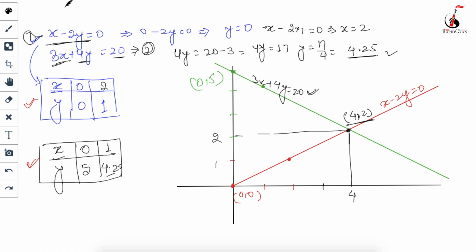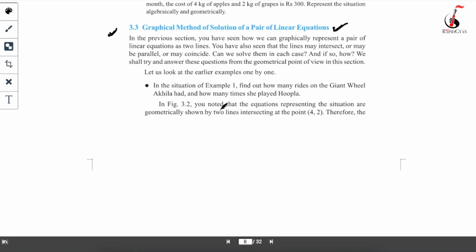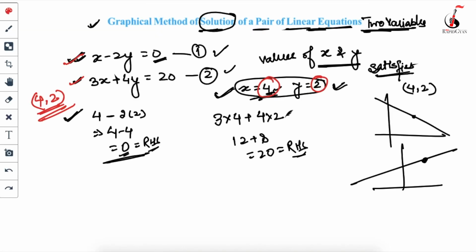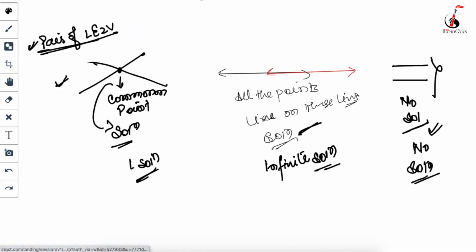So see, 4 comma 2. Now you got from where we got this answer 4 comma 2. It was not randomly put, I was aware of this answer, just in order to verify for you guys how we got the solution. So if I put 4 and 2 in both equations, both equations are satisfied as LHS equal to RHS.